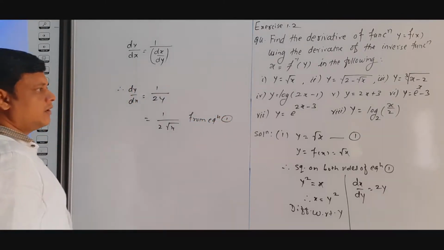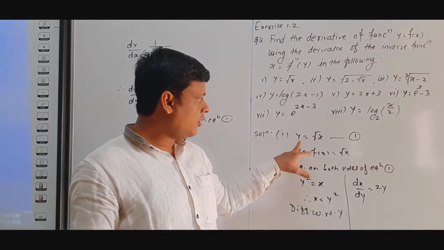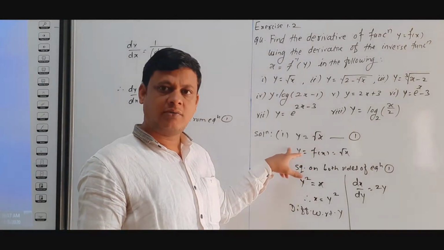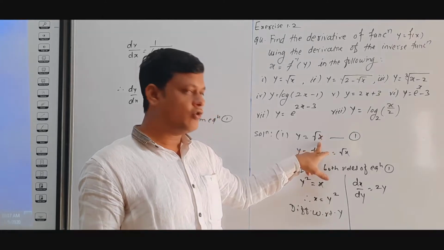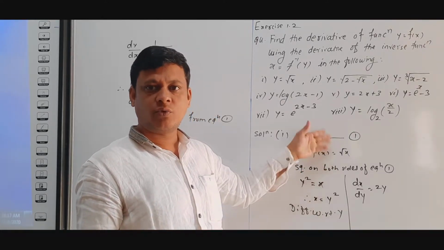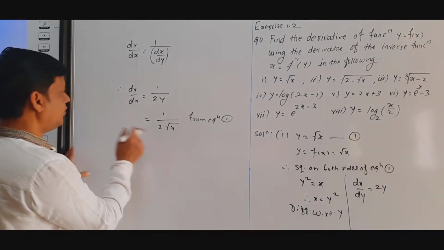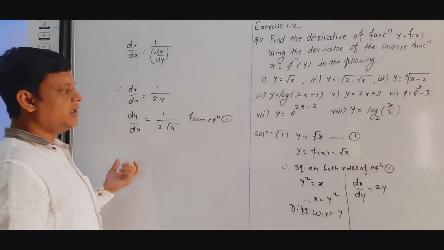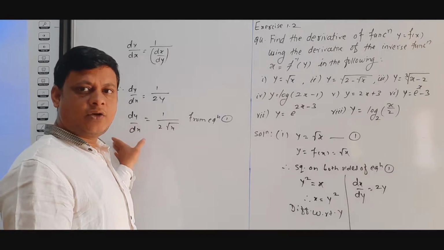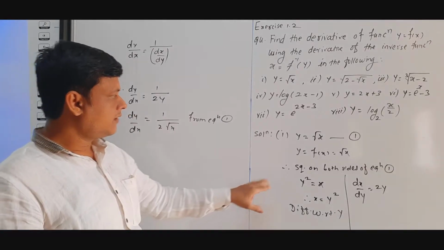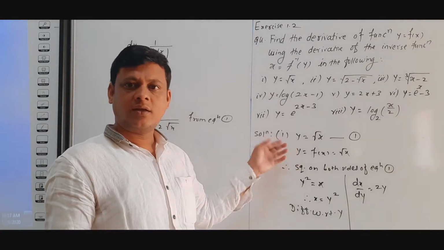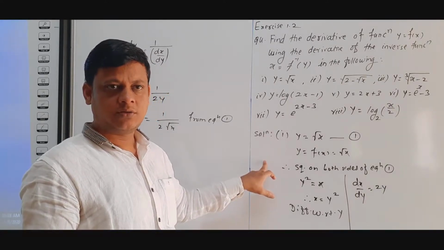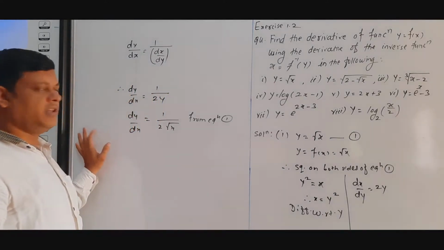So if you check, the derivative of y with respect to x is dy by dx, the derivative of root x with respect to x is 1 upon 2 root x. So here we get dy by dx is equal to 1 upon 2 root x. Here instead of finding the derivative directly, we have to find the derivative by making the inverse of the given function. So we write the solution in this way.